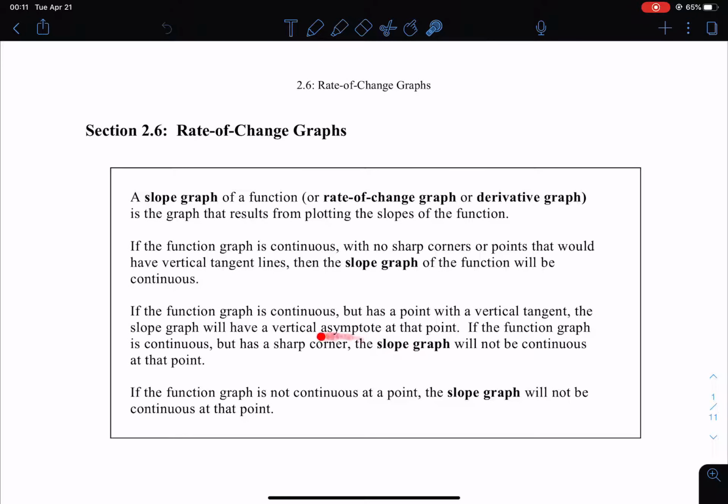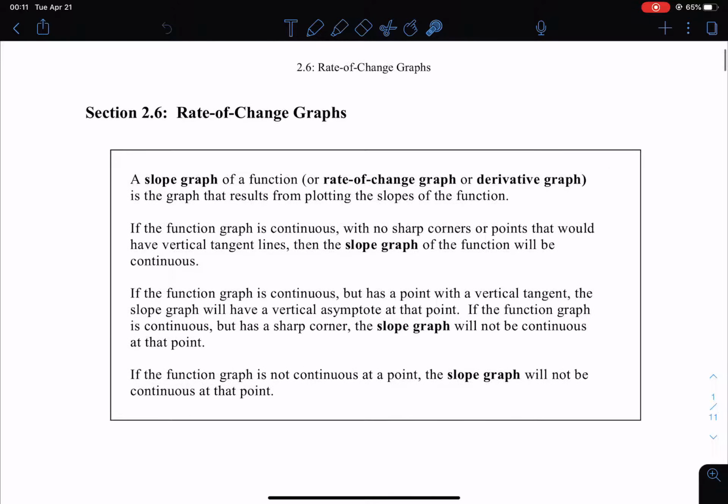This one shows you the cases where the slope graph will not be continuous at the point. It's very similar to the three cases that are not differentiable. If the function is not continuous at the point, then the slope graph will not be continuous at the point.